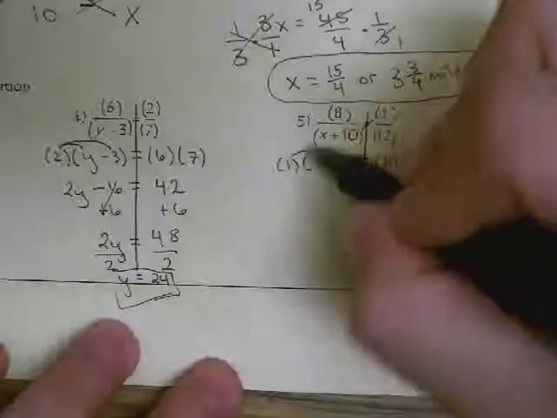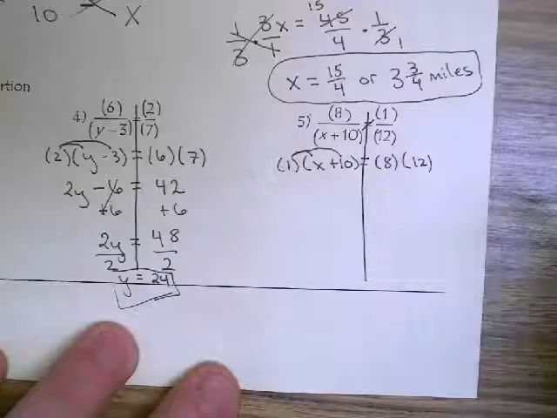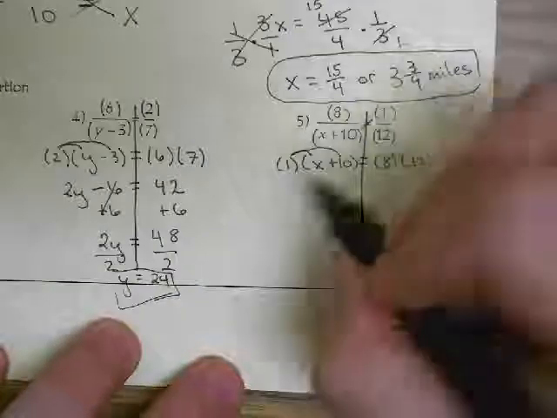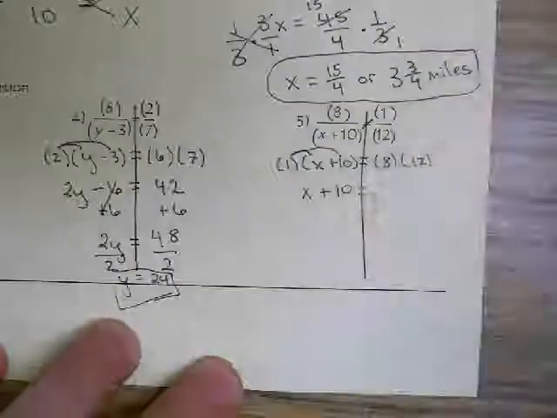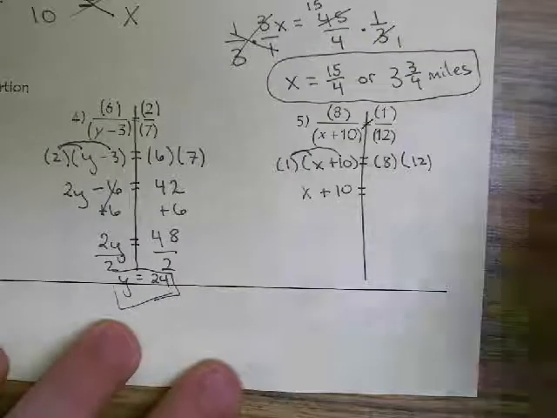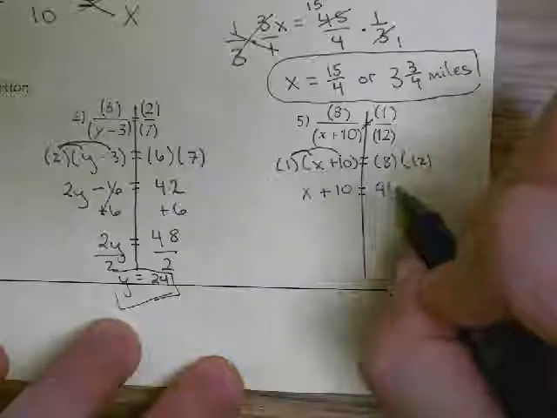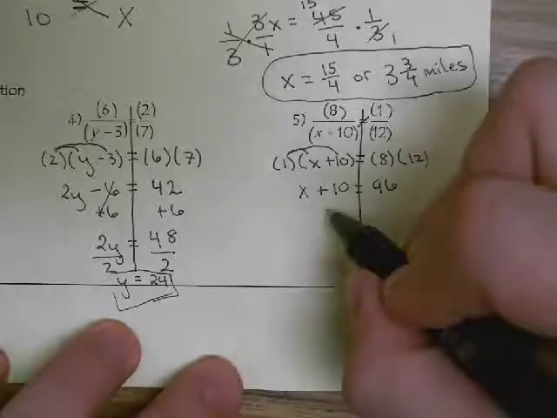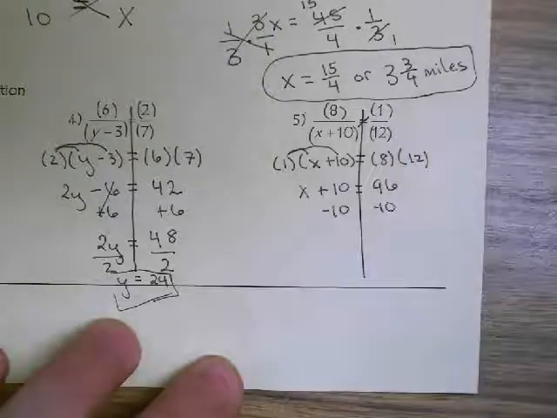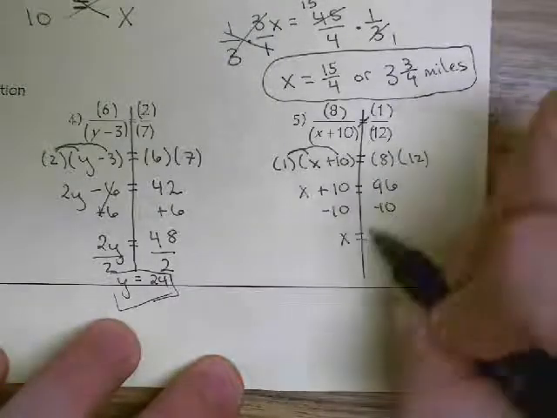We'll distribute the 1 using our PEMDAS. So 1 times x is x, 1 times 10 will be our plus 10, is equal to 8 times 12, which is 96. So we have one more step and then we're done. We'll subtract 10 from both sides, and we'll get x is equal to 86.